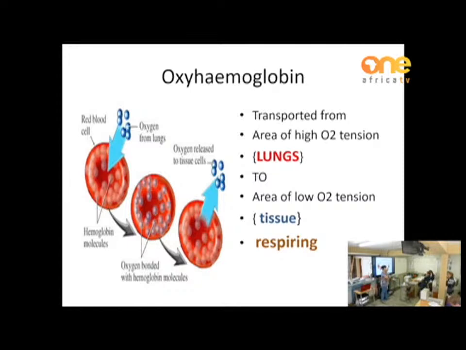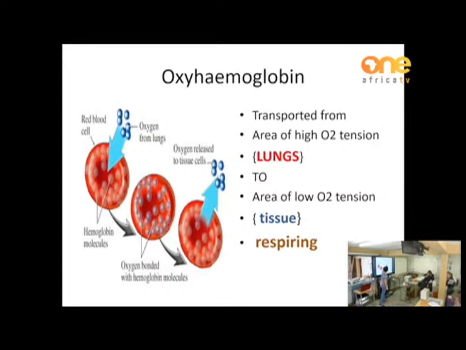When I breathe in, lots of air in my lungs. That makes a pressure. Inside the air that I breathe in, there is also oxygen. So we talk about the partial pressure. Oxygen is part of the air that I breathe in. And when I have a high air pressure, the oxygen inside also has a high pressure.